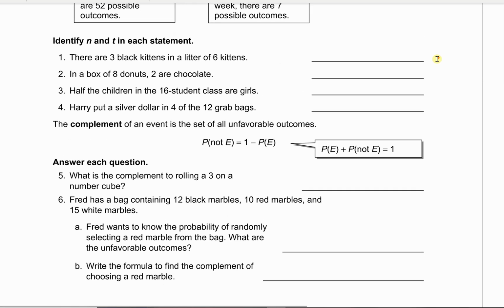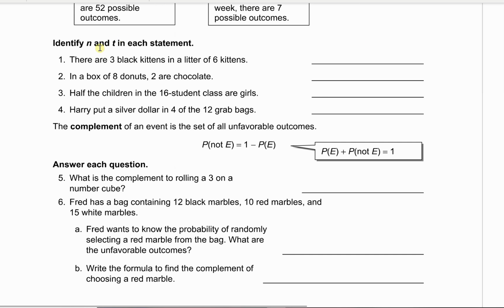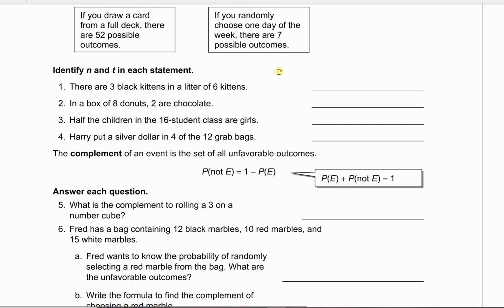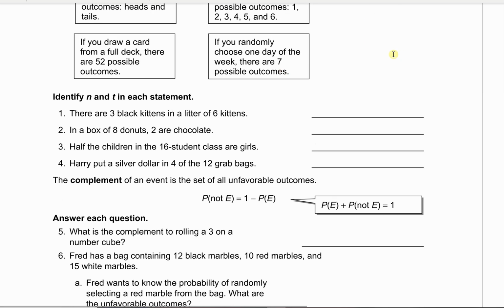So let's take a look at this. Identify the N and the T in each statement. There are three black kittens in a litter of 6. N is 3, T is 6. 8 donuts, 2 are chocolate. N is 2, T is 8.